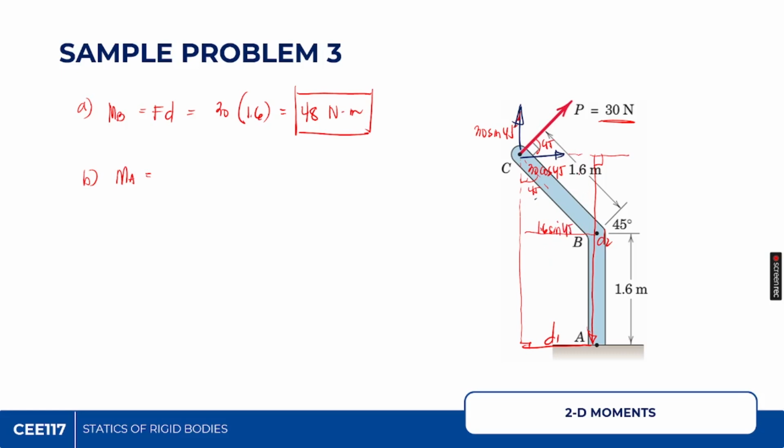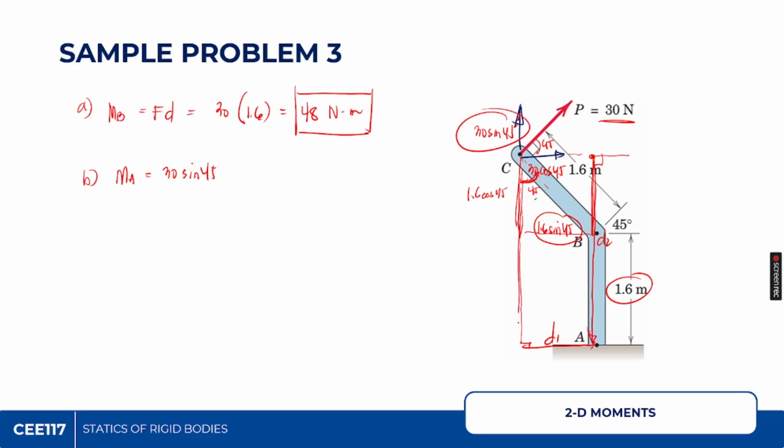Yung dito naman, if this is 1.6 sine 45, ito yung reference natin. So ito, this is the same thing as with this one. So this one would be 1.6 cosine 45. If this is 1.6 cosine 45 plus 1.6, yan yung distance from this point going to this point. So in other words, we have here 30 sine 45, that is this one.